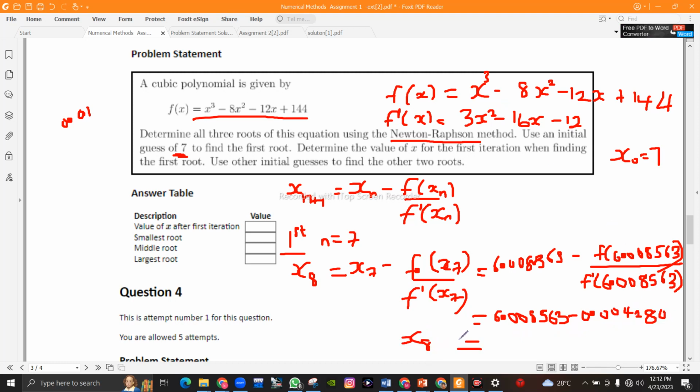The x8 will be 6.004283. Your error is now 0.004283, still not up to 0.001. So let's move to the ninth iteration to see what we are going to have.